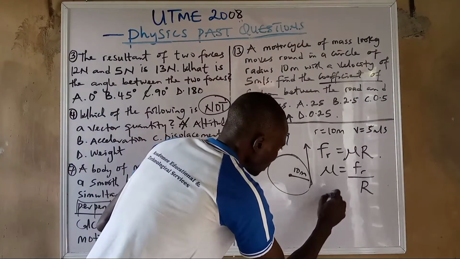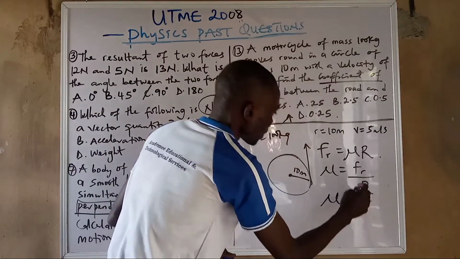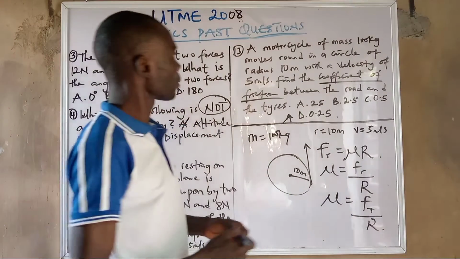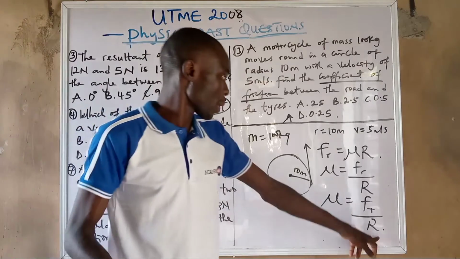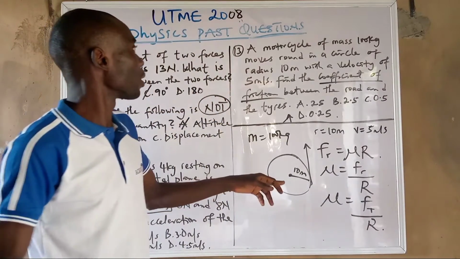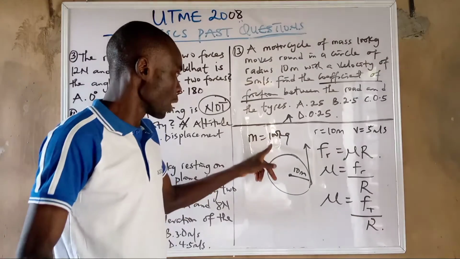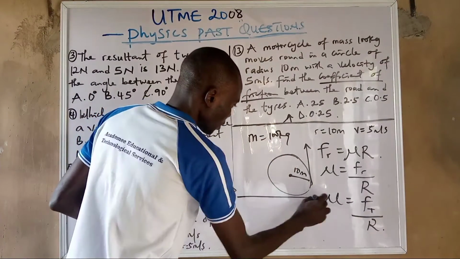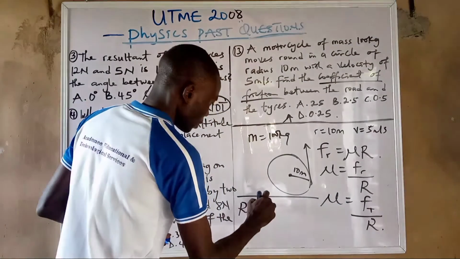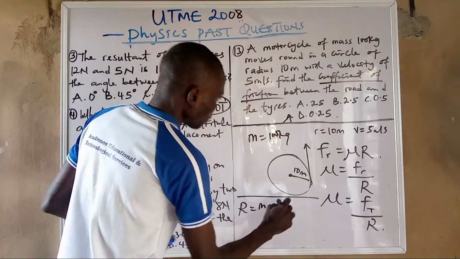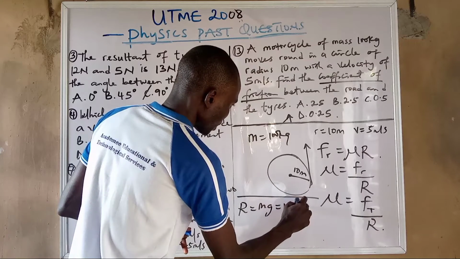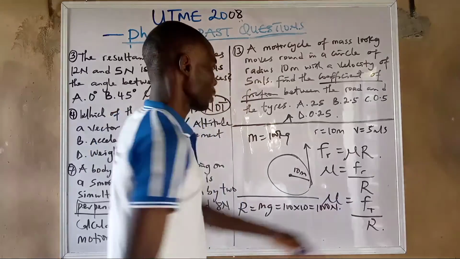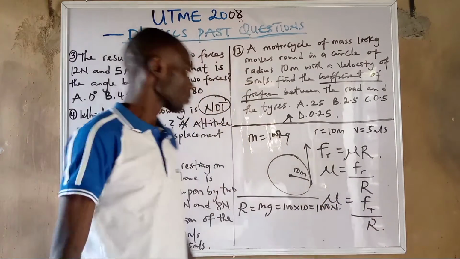Hence, this can easily be converted: the force this time around is centripetal force over R. Now, as for the normal reaction, it's going to be the weight of the vehicle, mass times gravity. So the normal reaction here is going to be mg, which is the mass 100 times 10, everything is 1000 Newton. That's it for the normal reaction.